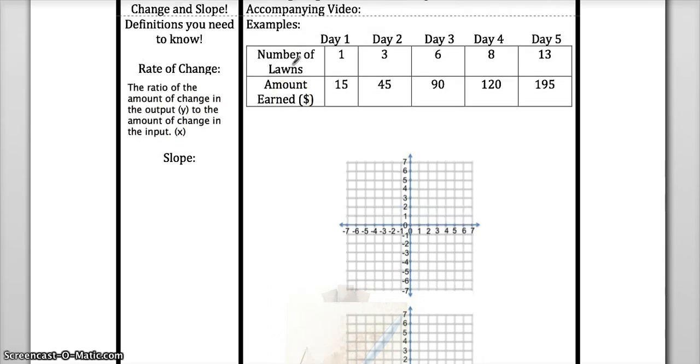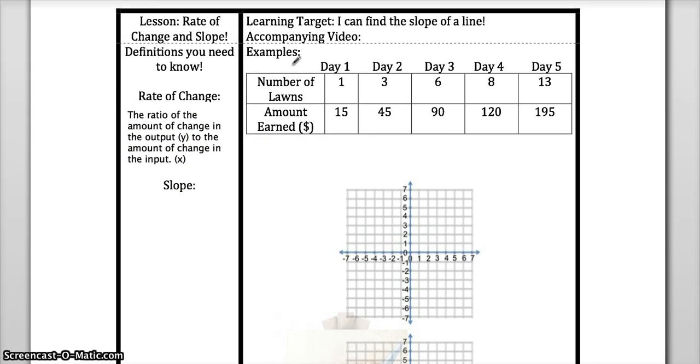And we're going to do an example of this right now so you can see what I'm talking about. So we're looking for the rate of change. We need to find the difference in the output over the difference in the input. Here is a chart from a girl who mowed lawns.